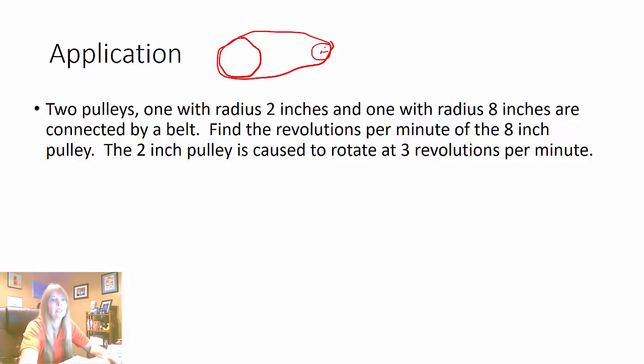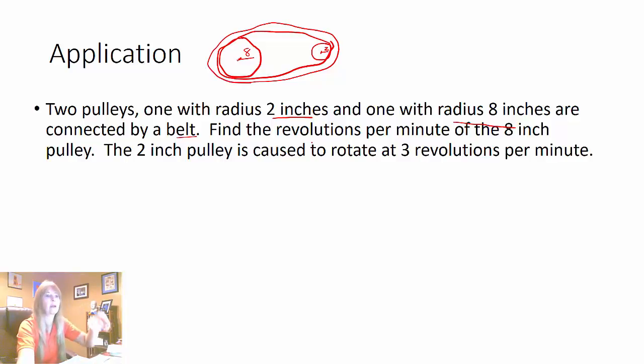It says one has a radius of 2 inches and one has a radius of 8 inches. So that's what my picture looks like. Okay, so 2 pulleys, one with radius 2 inches, one with 8 inches, and they're connected by this belt, and it's just running around and around.